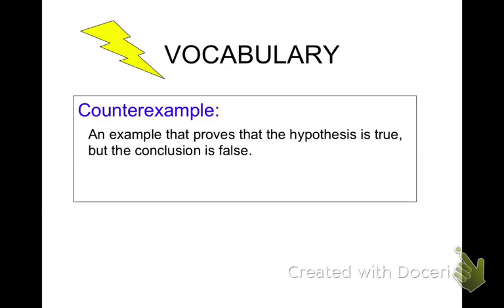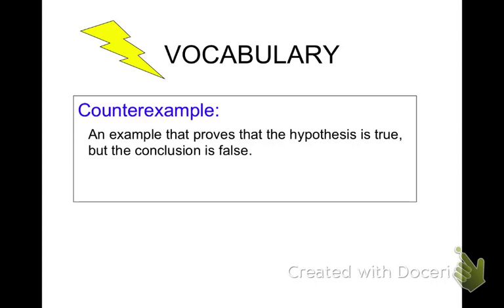So writing things in if-then form, which brings us to talking more details into our counterexample. So now we're going to think about, as a counterexample, is going to be an example that proves that the hypothesis is true, but the conclusion is false.